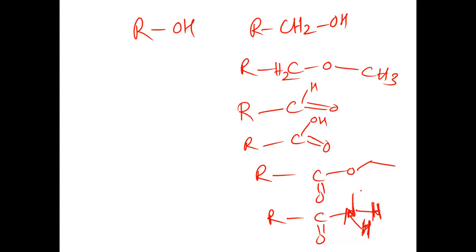Okay? So they're all interconverted. Whatever you learn in the alcohol chapter will come back in other chapters, and whatever you learn in other chapters will come back in this chapter. So we will be dealing with the interdependence.